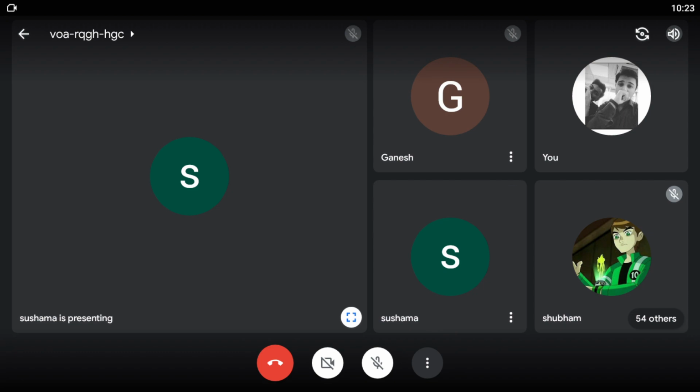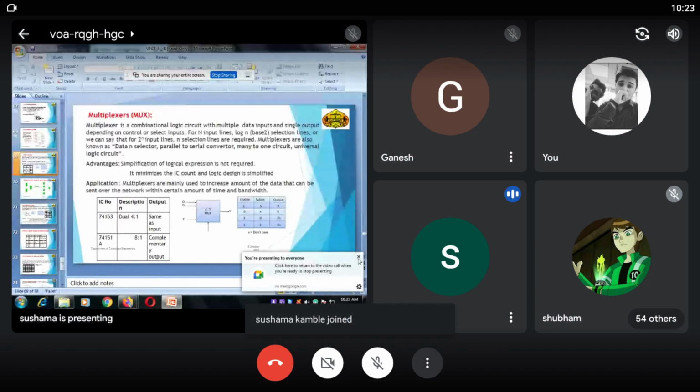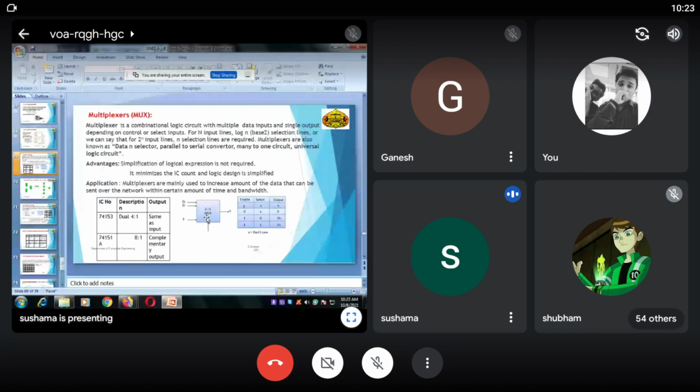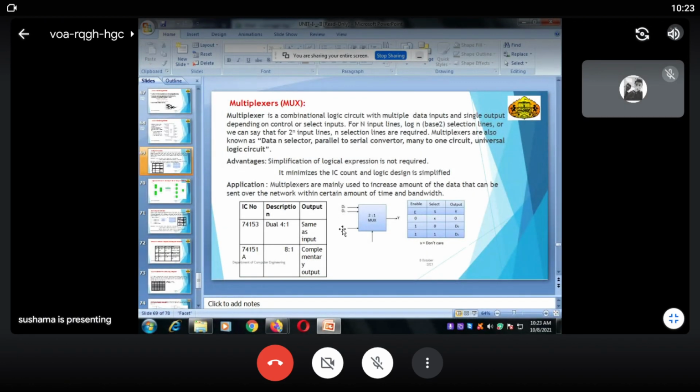Okay, again. See, if you are to design a 2 to 1 mux, meaning we are giving two inputs, D0 and D1, this is the enable pin, and we are getting Y as the output.